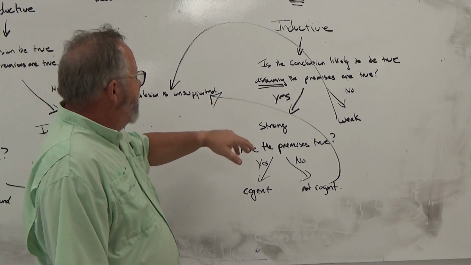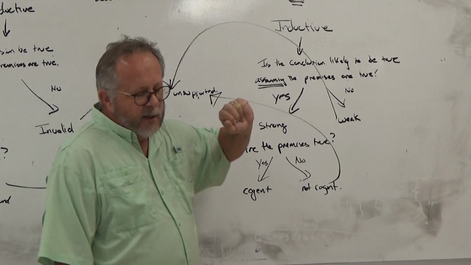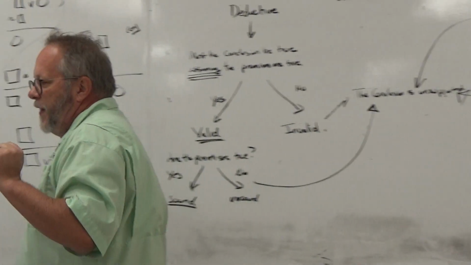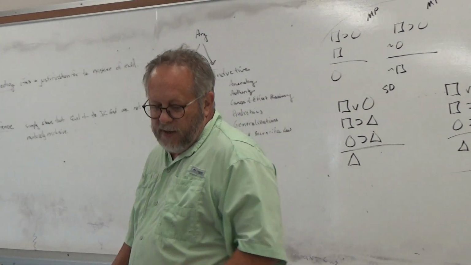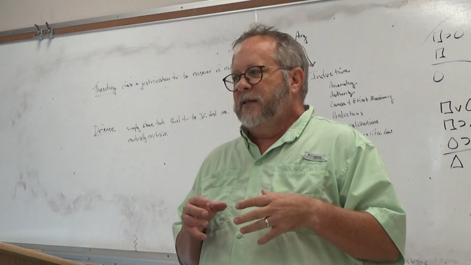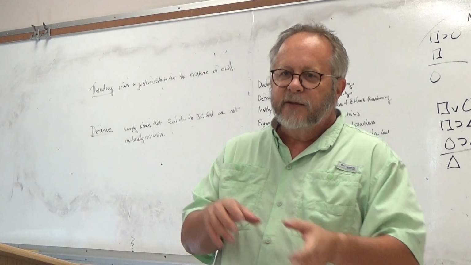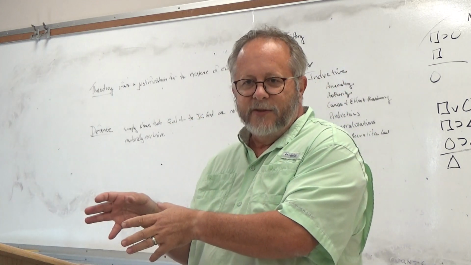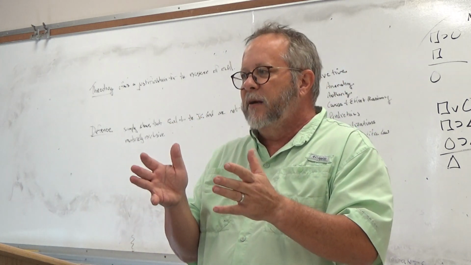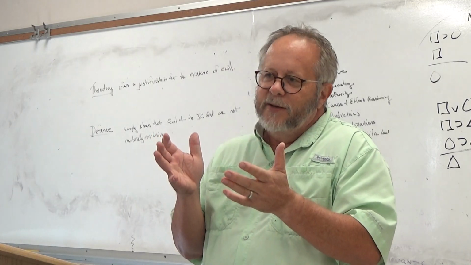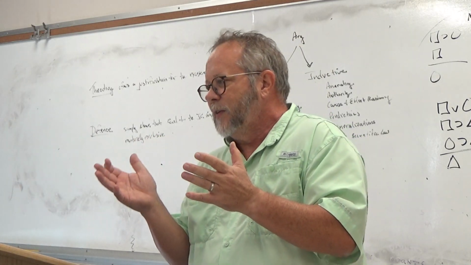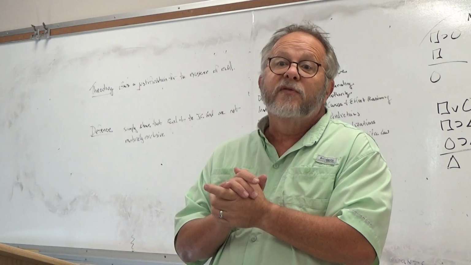Okay. Now, the fact of the matter is that inductive arguments aren't just solidly strong or solidly weak. Does everybody understand that? You can have a gray area. And so you might say, well, I don't know if it's strong or if it's weak. That's fine.